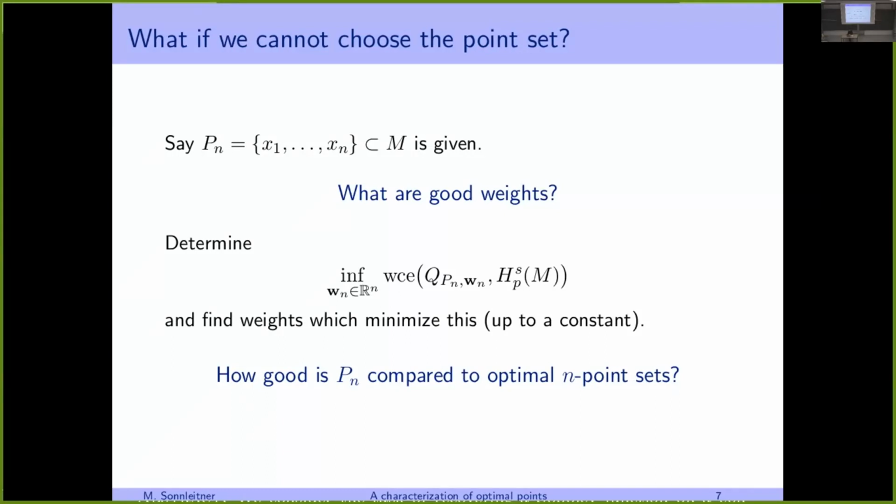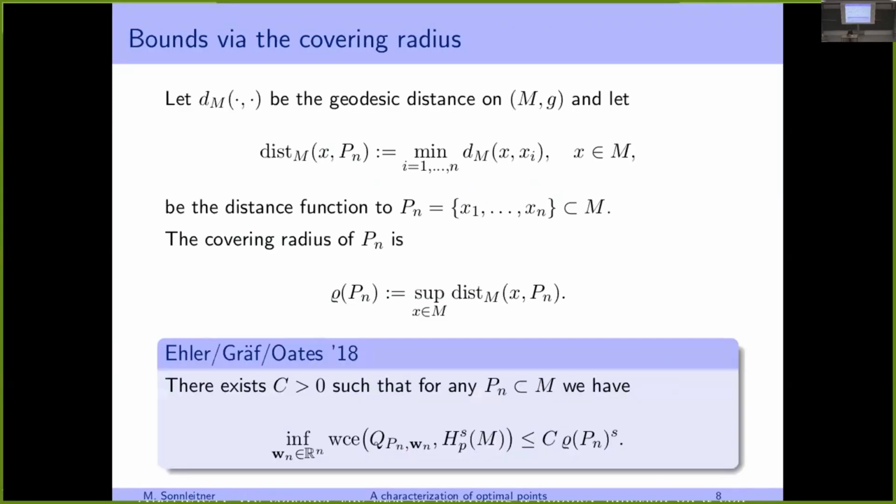And how could we do that? A common approach is to use the following. Namely, we consider the geodesic distance on this manifold and then define the distance of a point x on the manifold to the point set P_n by taking the minimal distance to all points of P_n.